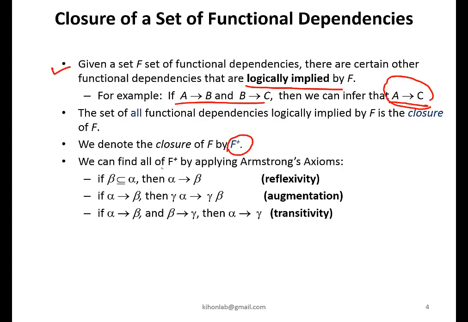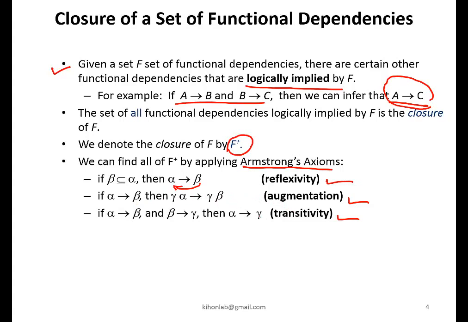Now we can find F plus, that is the closure set of the functional dependency, by using Armstrong's axioms. These are the axioms we can see here: reflexivity, augmentation and transitivity. Reflexivity: if alpha is a subset of beta, then alpha derives beta. That means beta is functionally dependent on alpha. Augmentation: if alpha derives beta, then gamma alpha derives gamma beta.